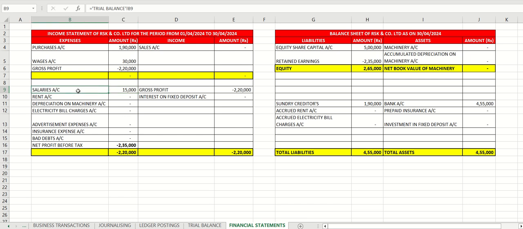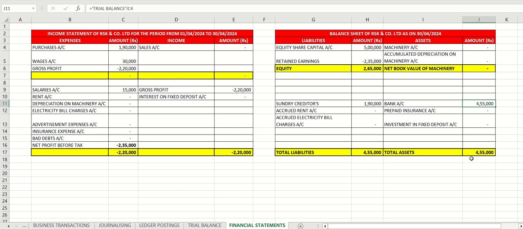So 15,000 would get reported under expenses in the income statement, and the bank account has already been adjusted with this amount, and the adjusted amount would get reported under current assets on the asset side of the balance sheet.